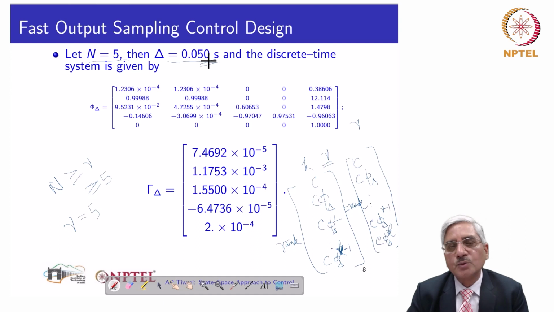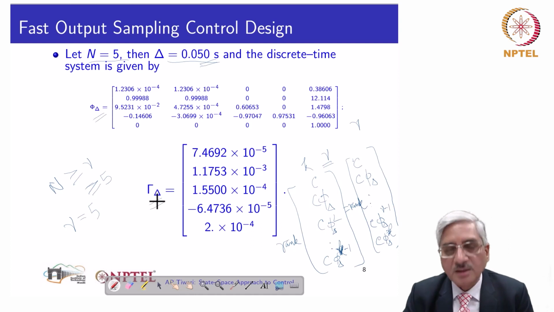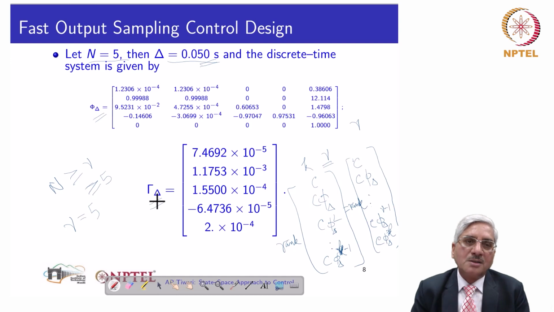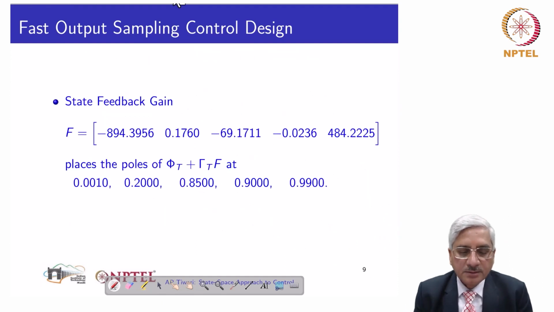However, here there are only 2 outputs, so it is going to be an easy job to design a data acquisition system to get the samples of output at every 50 millisecond. Anyway, we select n, we select delta, and we obtain the corresponding system and input matrices for the discrete time system corresponding to the continuous time system model of the nuclear reactor. We proceed ahead.